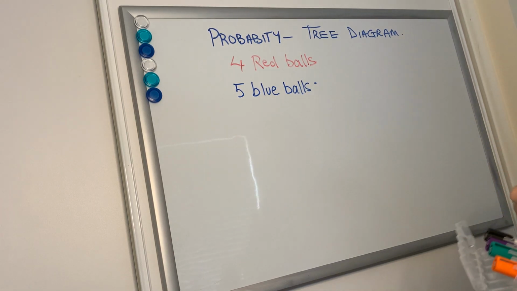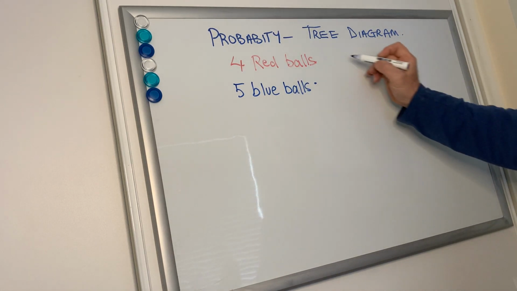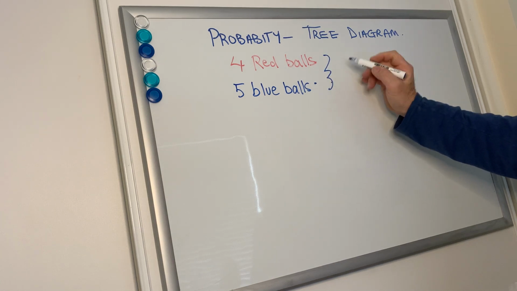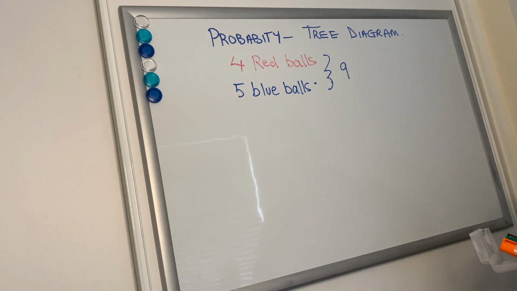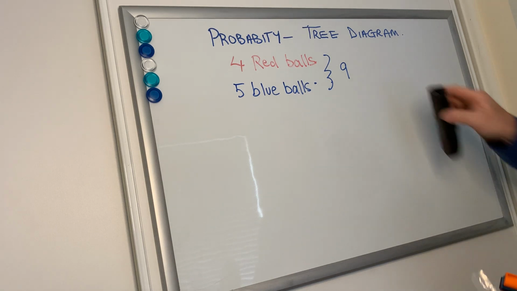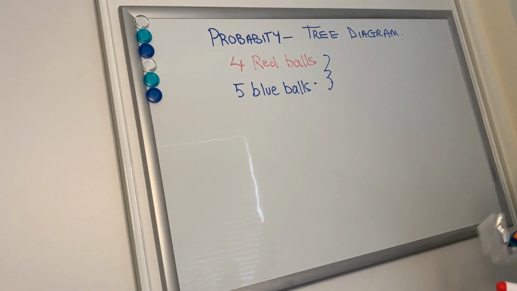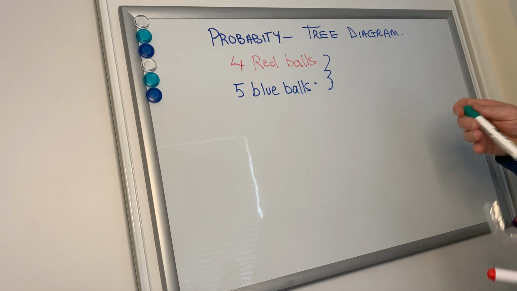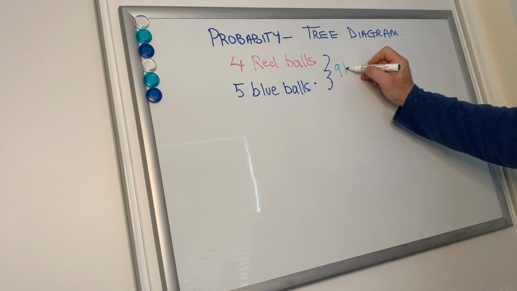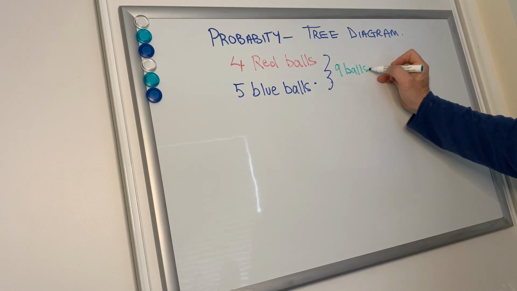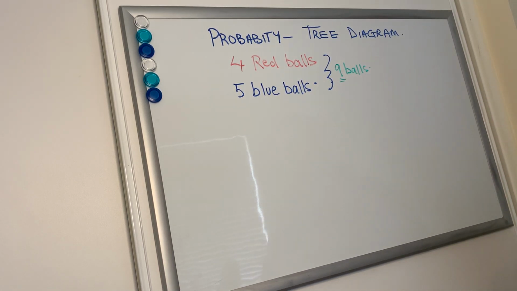Okay, so already we can see that we've got a total of 9 balls. That's our total. Now let's represent this on a tree diagram.